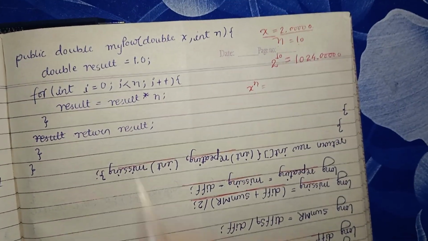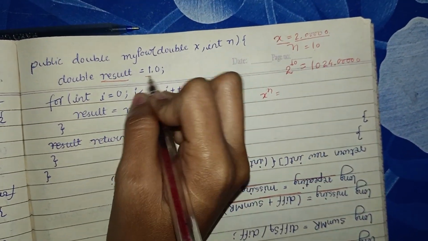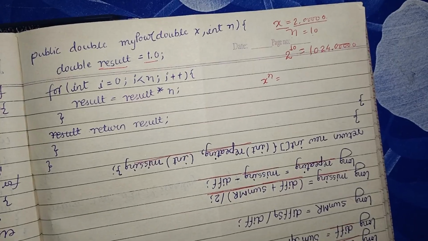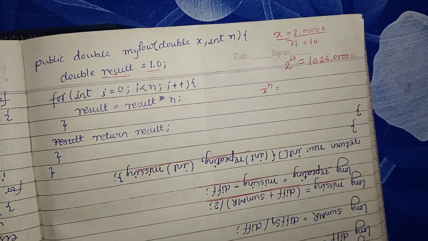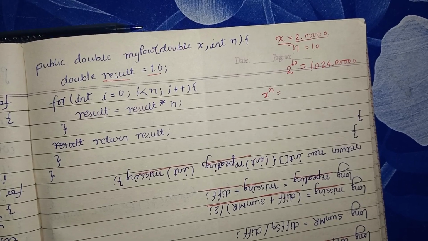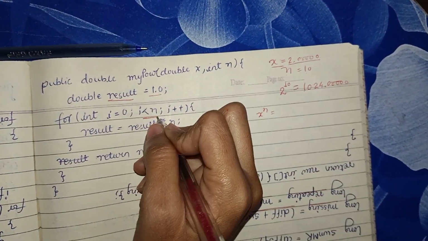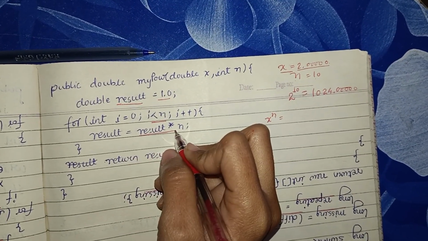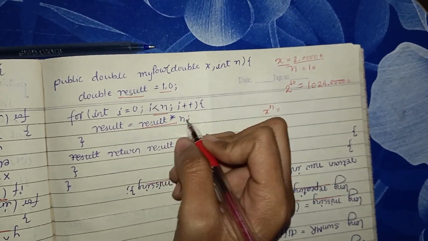First, we initialize a variable whose name is result, which is 1.0. We use a loop that runs n times. In each iteration, we multiply result by x.